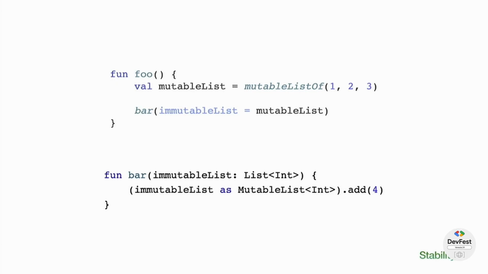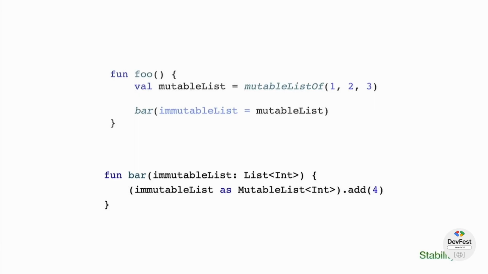If I build it as a mutable list, it was upcast to an immutable one, I can cast it back to a mutable one. So that's why the collections that are immutable are inherently unstable. There are a couple of ways to fix it. I'm going to talk about some of them later, but one of them is a library from JetBrains about immutable collections.